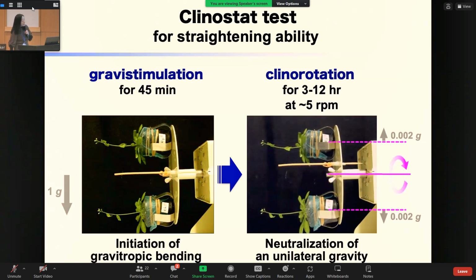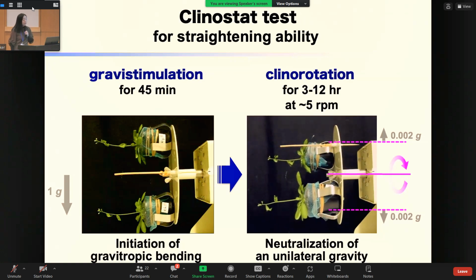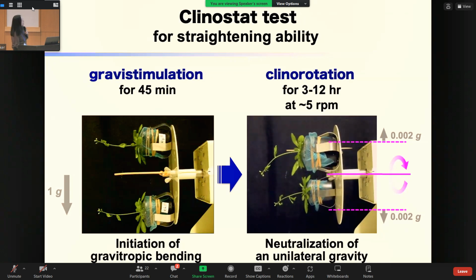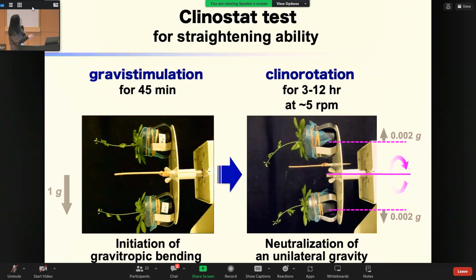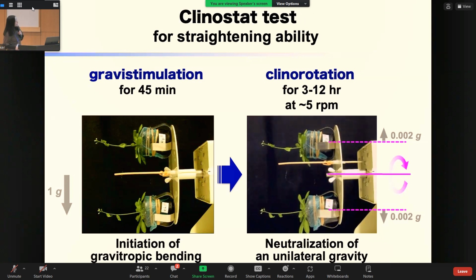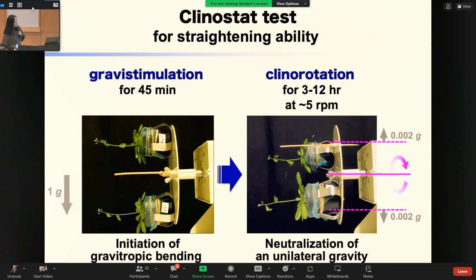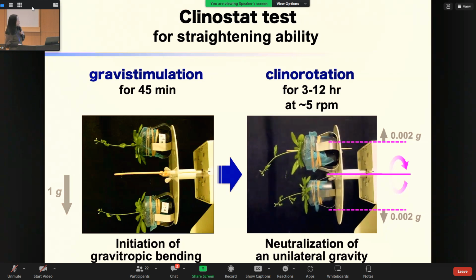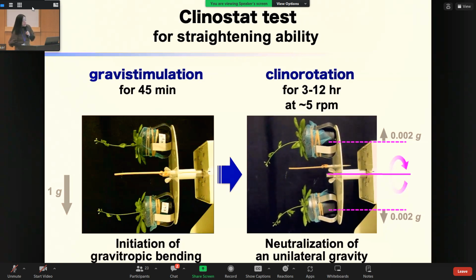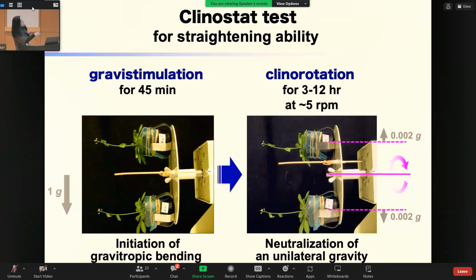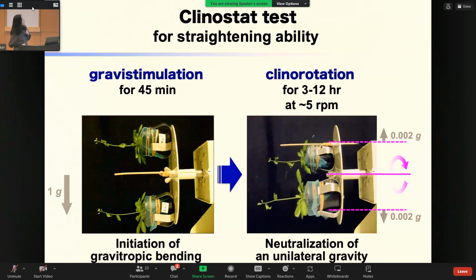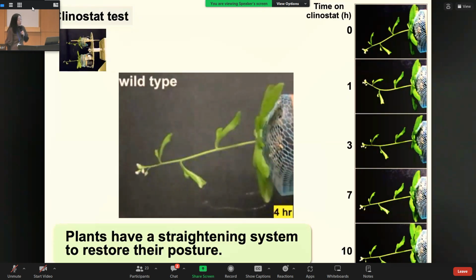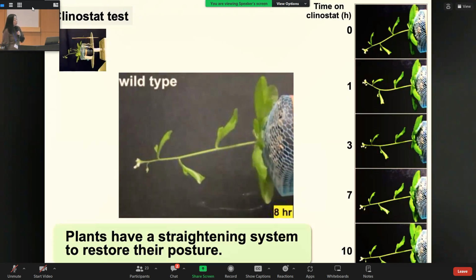This is a two-dimensional clinostat that neutralizes gravity unilaterally. We place the plants horizontally for 45 minutes to initiate gravitropic bending, and then rotated the plants at 5 RPM in the dark condition. First, I will show you the behavior of a wild-type stem.